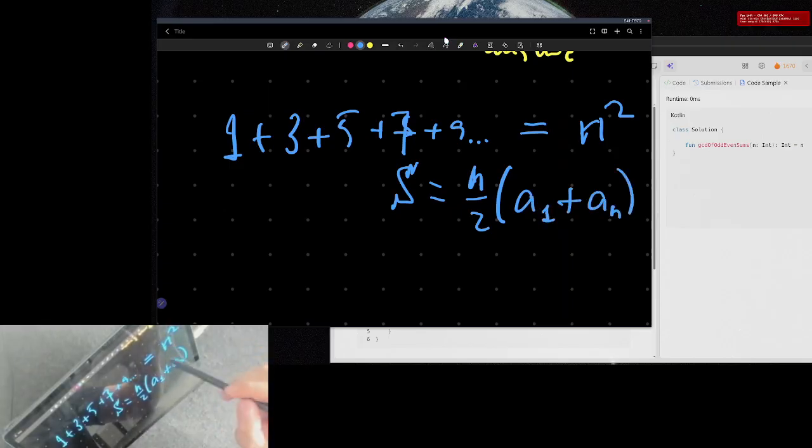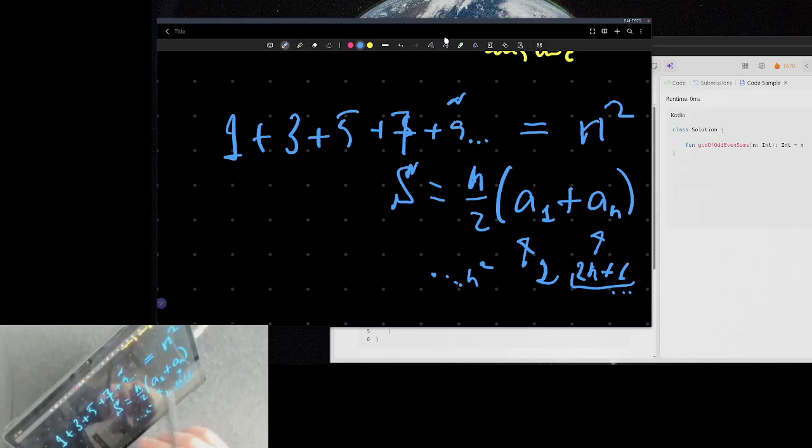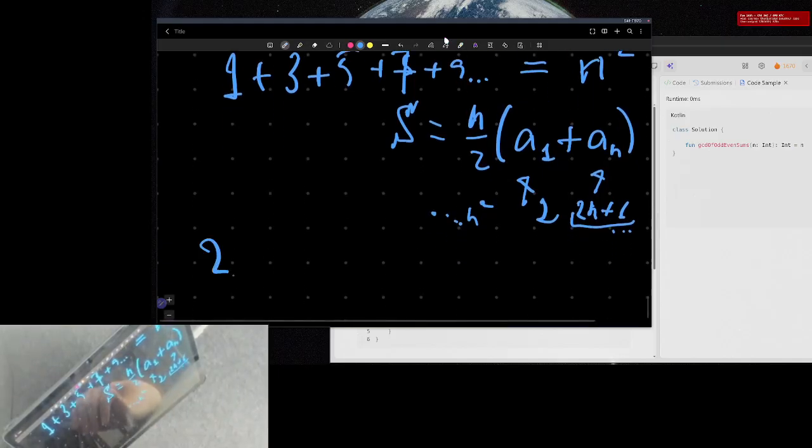Then you put a1 is 1, and an for the odd numbers is 2n plus 1 or 2n minus 1. I don't remember exactly how it is. And eventually you get this n squared.